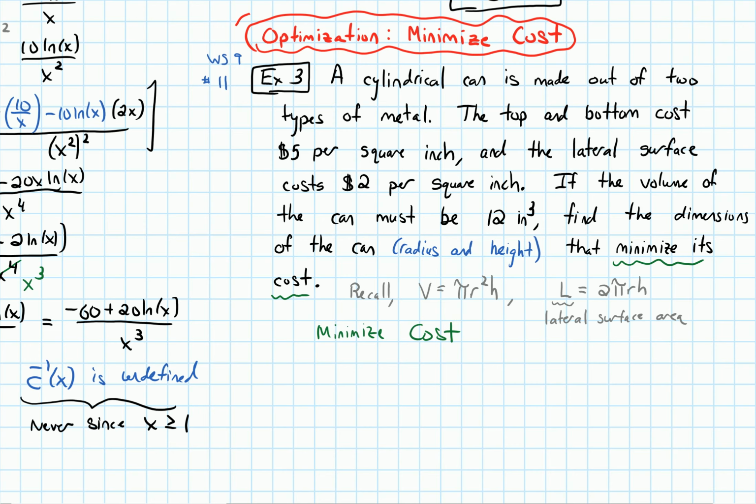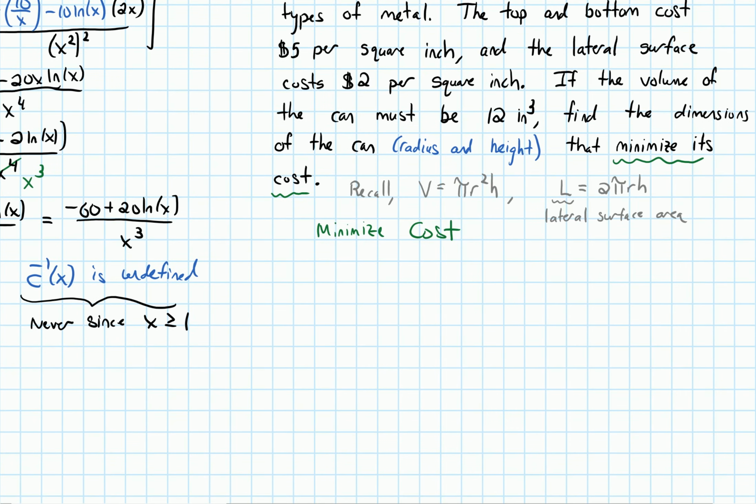If I draw a picture of this scenario, we have this cylindrical can with a circular top, then going down, the bottom, the base. I'll draw a dashed line for the back that I can't really see.